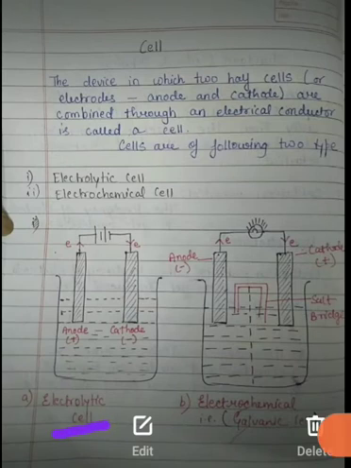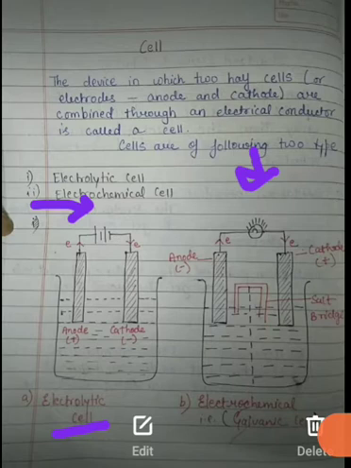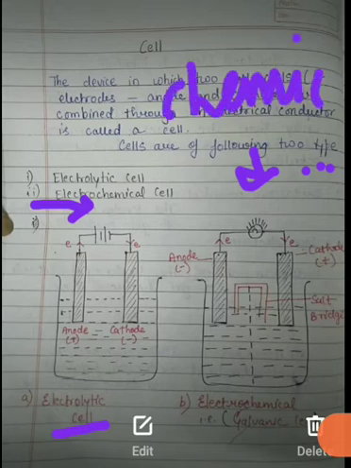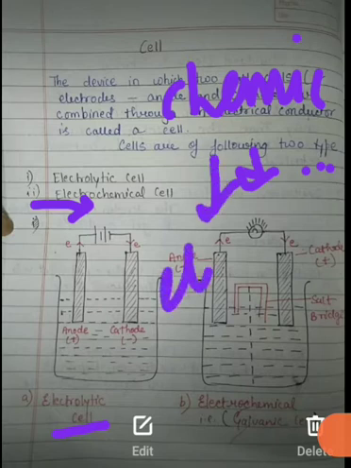In the electrolytic cell there is a supply of electricity, that means electrical energy is converting into chemical energy. But here, through chemical energy the electricity is produced. In the case of the galvanic cell, chemical energy is converting into electrical energy.